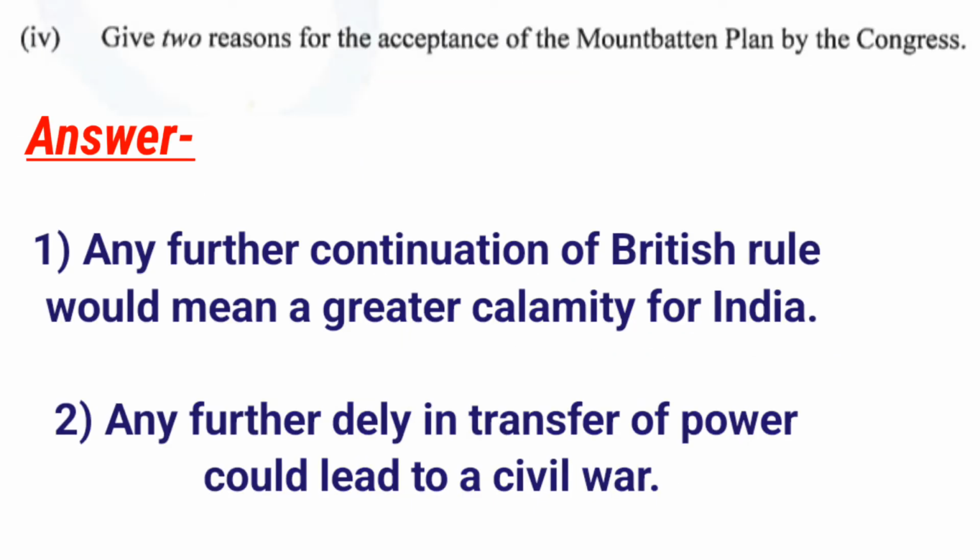Number 4, give two reasons for the acceptance of the Mountbatten plan by the Congress. So here any 2 points you have to mention. Any further continuation of British rule would mean a greater calamity for India. Second, any further delay in transfer of power could lead to a civil war. There are many answers, but you have to mention any two.